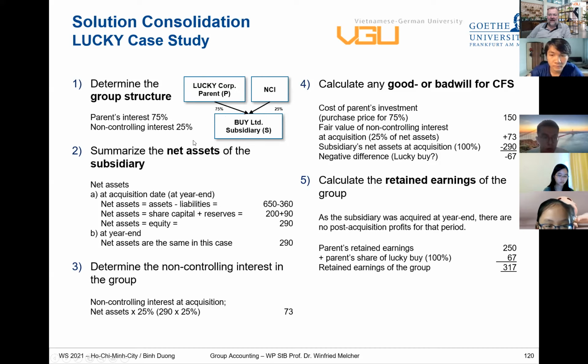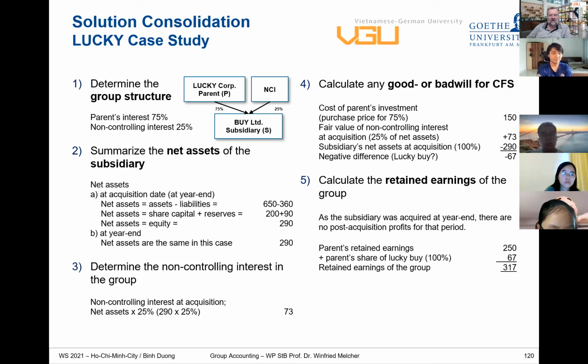When we look at the net assets of the subsidiary, of course, we have to take the fair values. So we have to look at the single financial statement number 2, not at single financial statements number 1, because those represent only the book values.